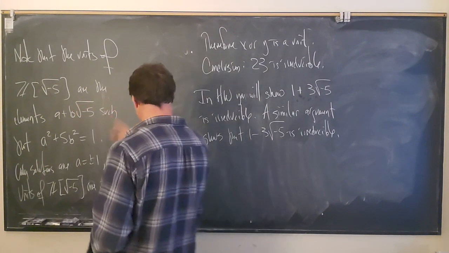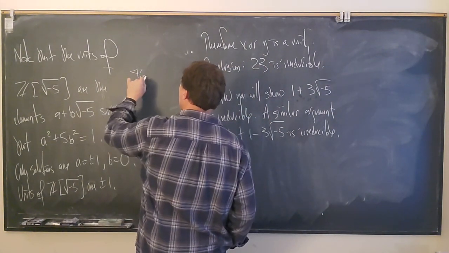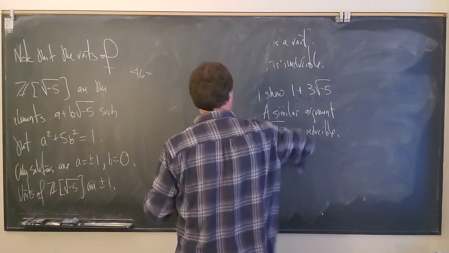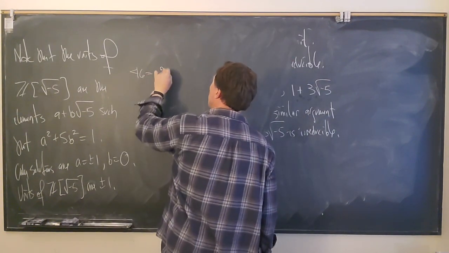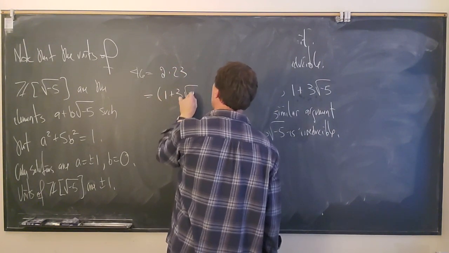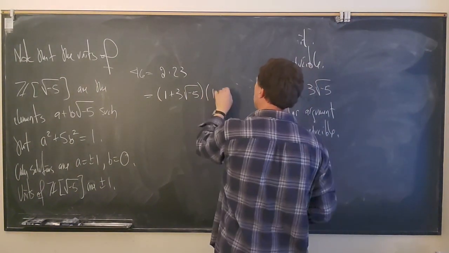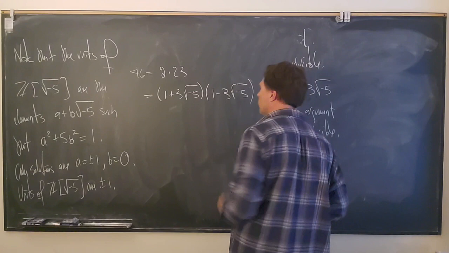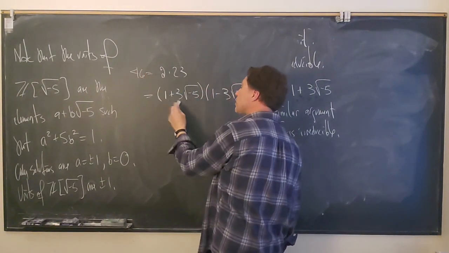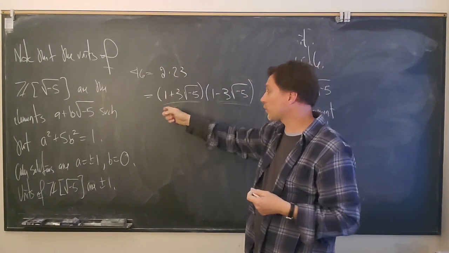So now remember what we have. We have 46 equal to 2 times 23 and equal to 1 plus 3 square root minus 5 times 1 minus 3 square root minus 5. So now clearly plus or minus 1 times 2 doesn't give us either of those. Plus or minus 1 times 23 doesn't give either one of these.